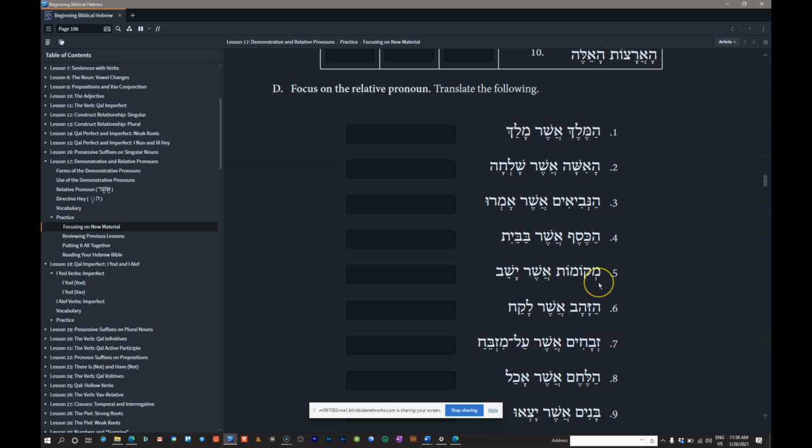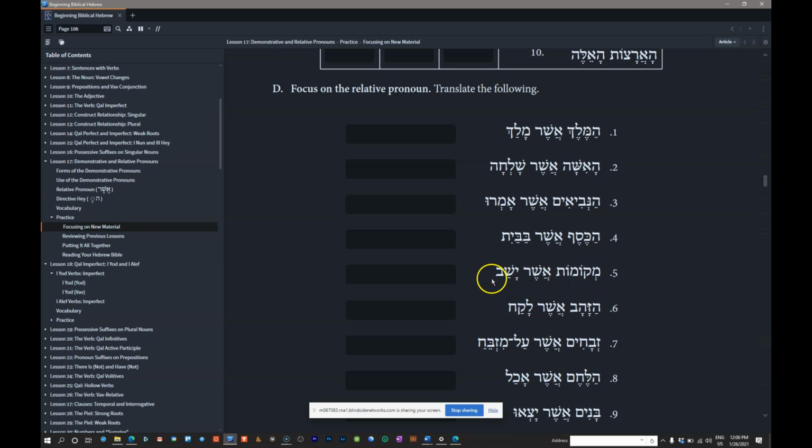All right, number 5, we've got makomot asher yashav. So this is places which he dwelt. Now this is very interesting because Hebrew will use the relative pronoun a lot of times for location, where we would usually use the adverb where.